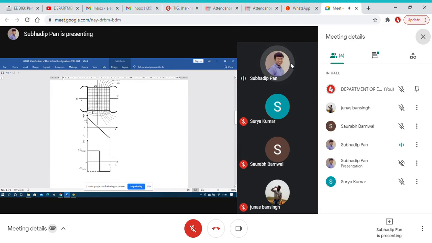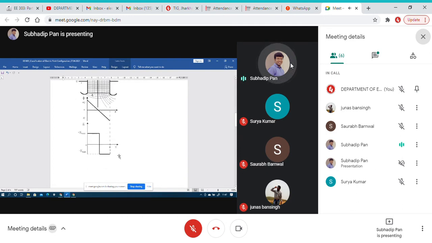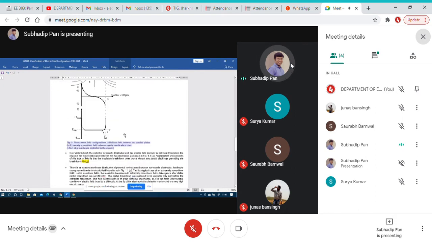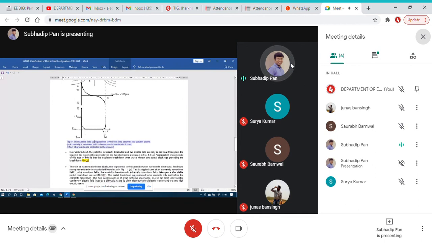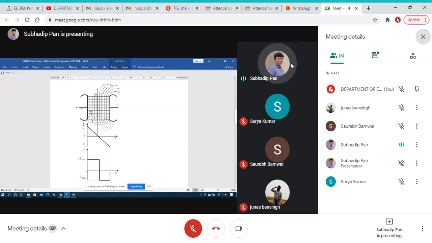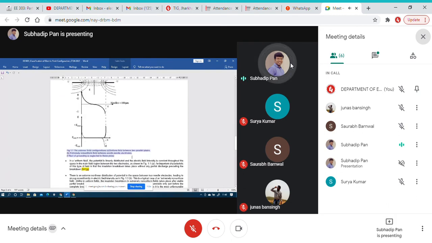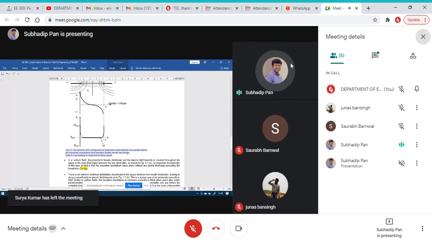I will tell you what the graph signifies. There are two figures defined. Figure 1.1 is the extreme plane configuration. The above figure is defined as a uniform field between two parallel plates, and this figure is defined as the extremely non-uniform field between needle electrodes.